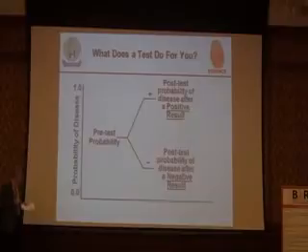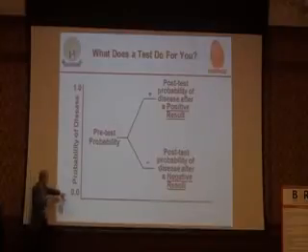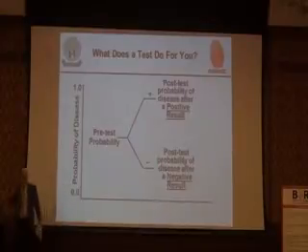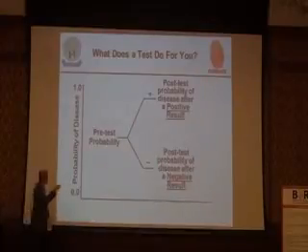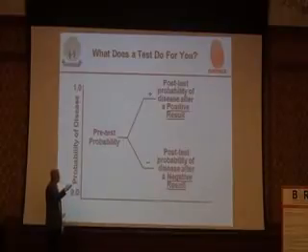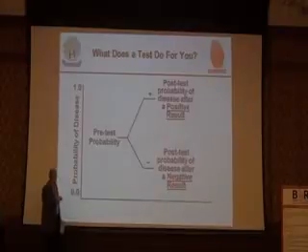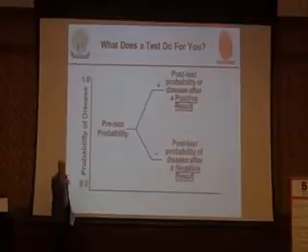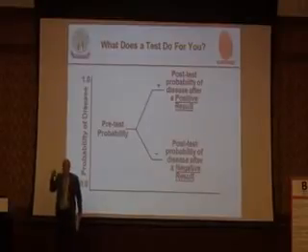Now, this graph basically shows the probability of disease, starting with 0 and 1. And we have this pretest probability, which I alluded to earlier, and then you have the post-test probability of disease after a positive result and the post-test probability of disease after a negative result. What is this number here? The post-test probability of disease given a positive test.